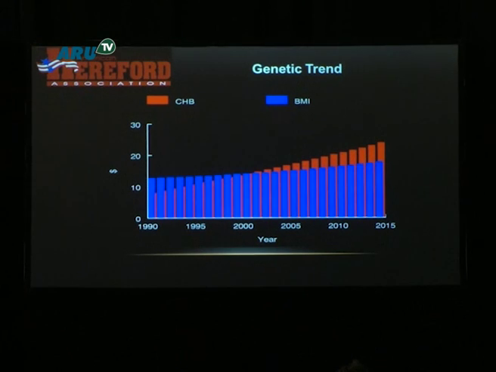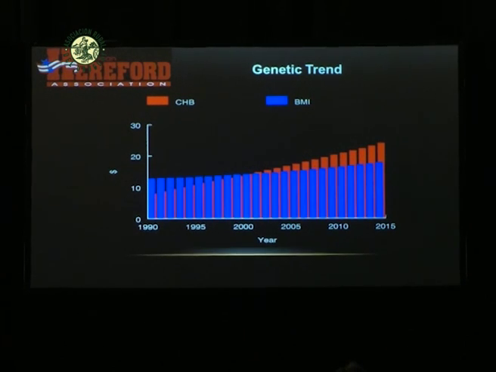I want to show you the genetic trend in the indexes, and these are taken from the American Hereford Association website. The red bars indicate the CHB index. The blue bars indicate the Baldy maternal index. This index has fewer traits in it, and those traits share, for the most part, very positive, strong correlations.